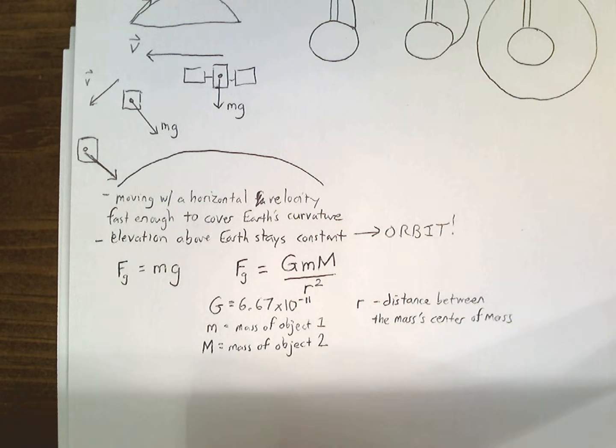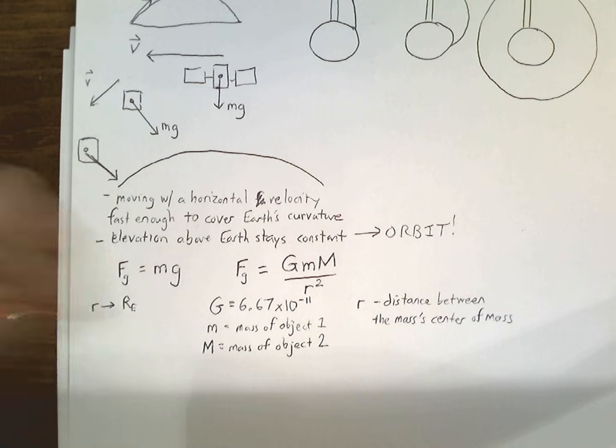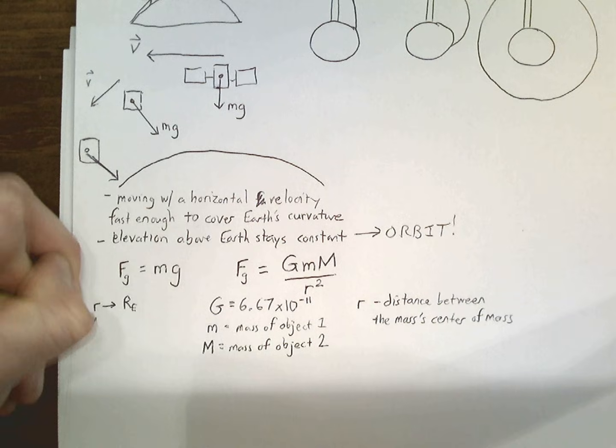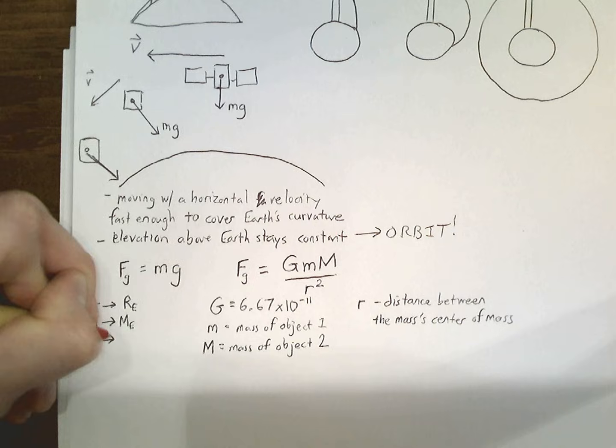If you work with a specific set of constants, for example, if you let R equal the radius of the Earth, if you let big M be the mass of the Earth, and you let G, well, G is just a constant, as always.